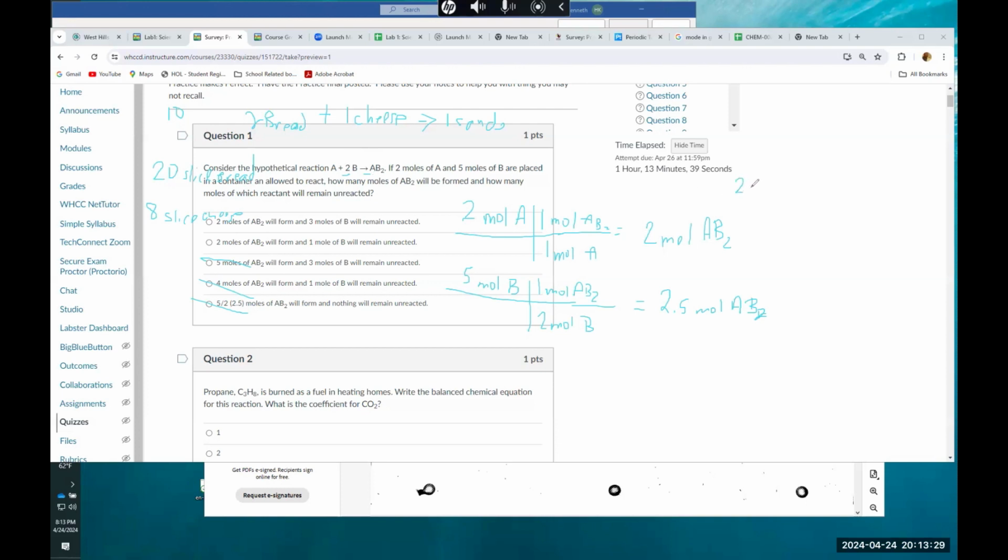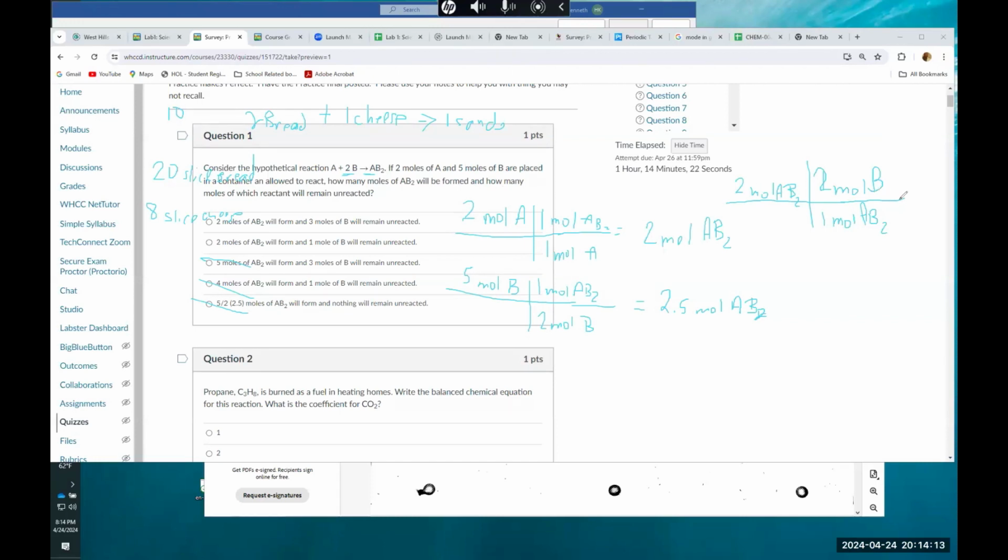So if we go 2 moles of our AB, we're looking at the ratio of B to AB. For every 1 mole of AB, we get 2 moles of B based upon the ratio in our chemical equation.